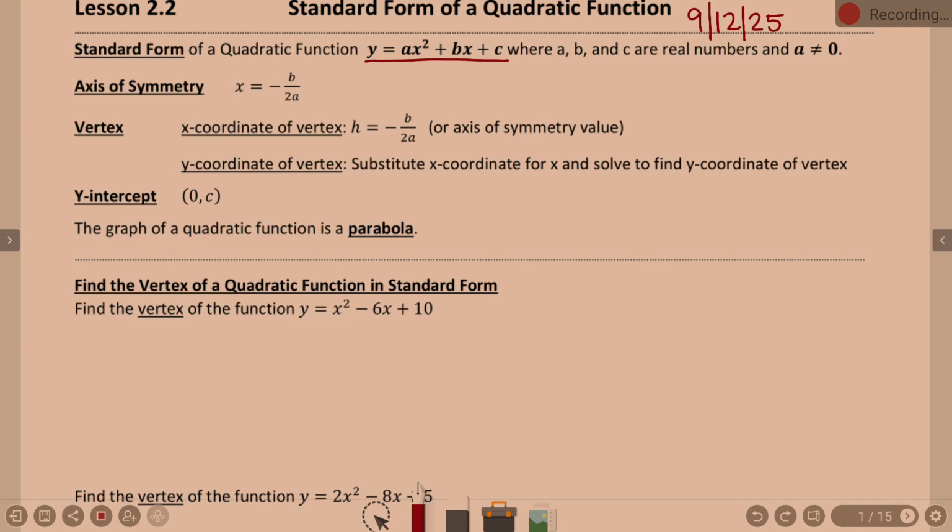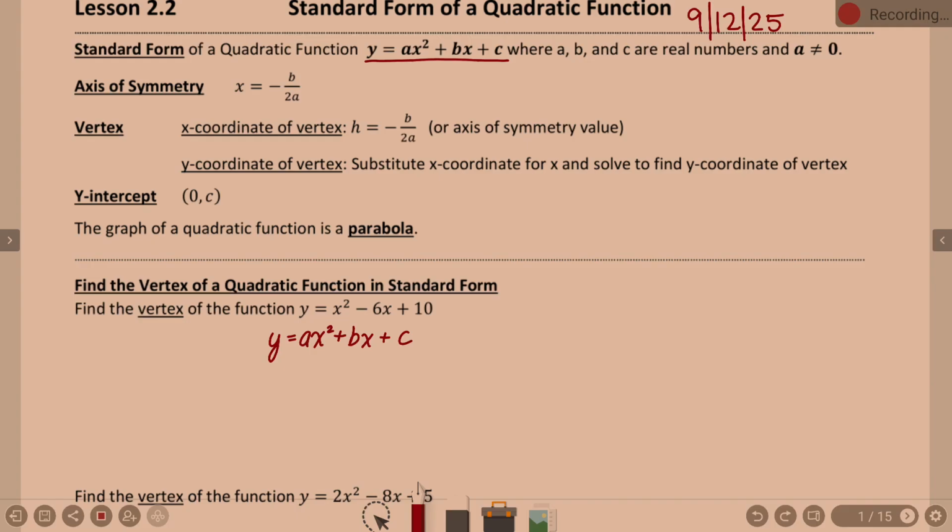Okay, so in order to find the vertex, based on what I just said, what are we going to have to know besides the vertex? We're going to have to know the axis of symmetry, right? So first thing I'm going to have you do, I like to identify my a, b, and c. Keep in mind this is of the form ax squared plus bx plus c.